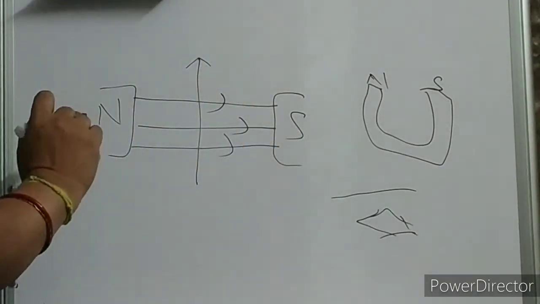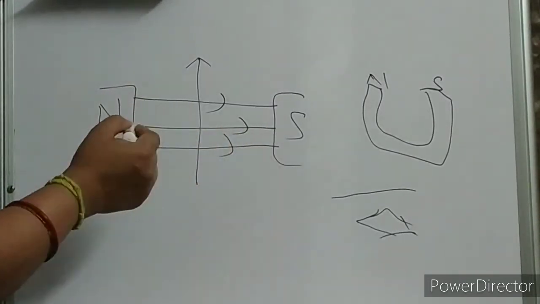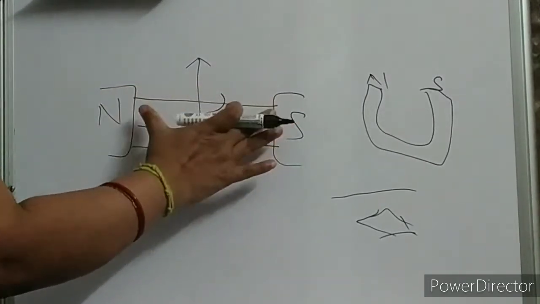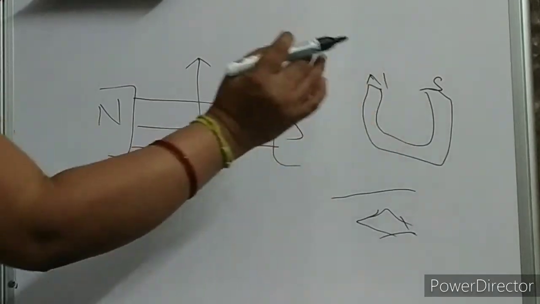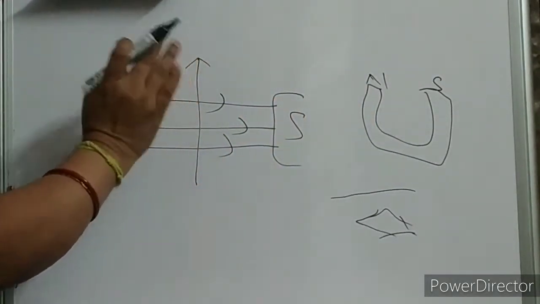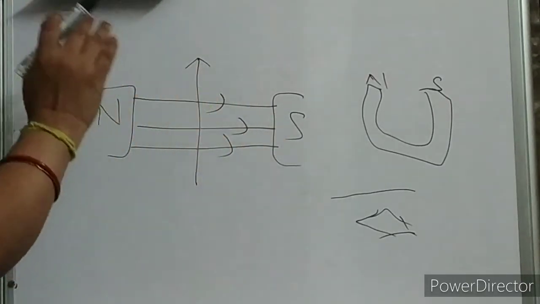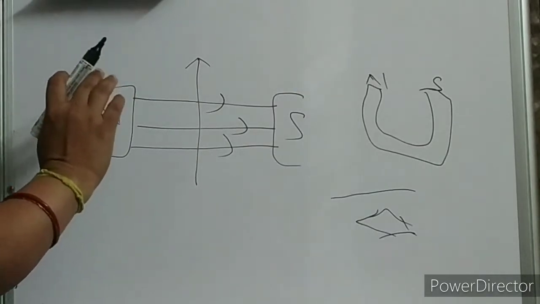Now let us see, this is your north pole, this is your south pole, this is your current carrying conductor. These two poles, like this horseshoe magnet, will give a force on this wire, so the wire will experience a force by this magnet. It will either try to pull or push the wire.